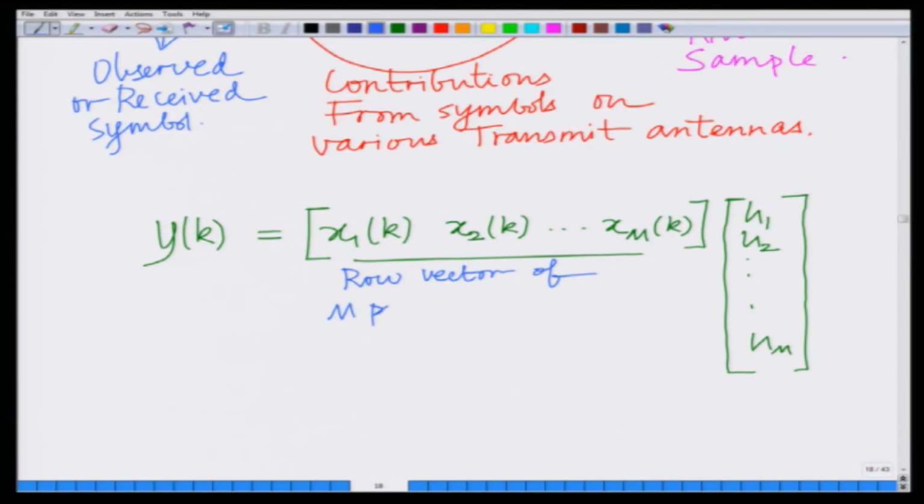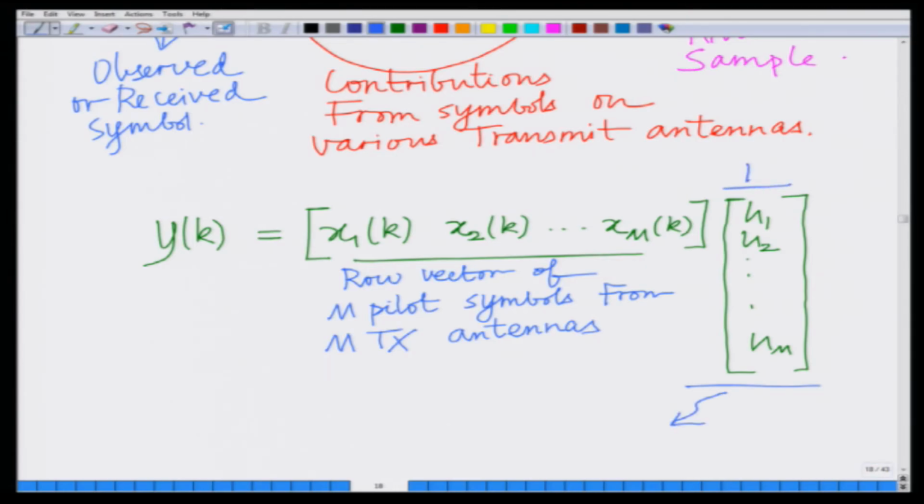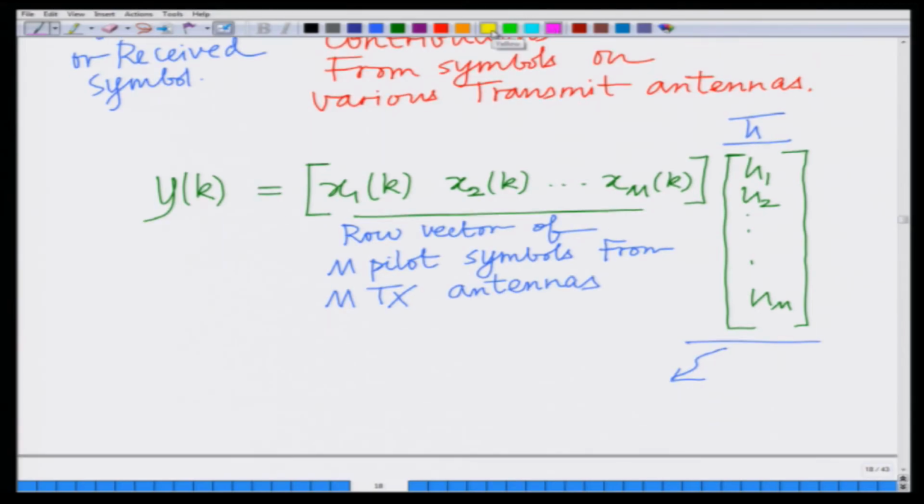This of course is h bar, this is basically your unknown parameter vector, plus of course there is going to be your noise as usual, that is vk.